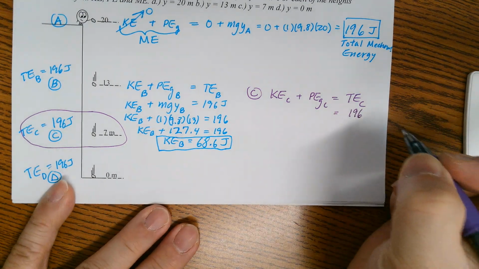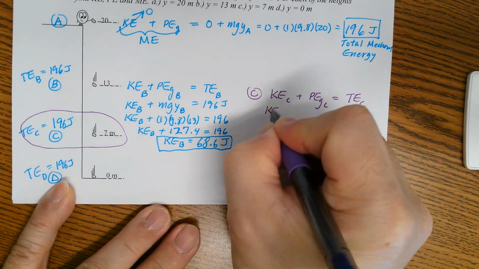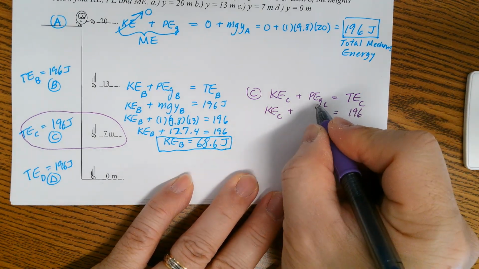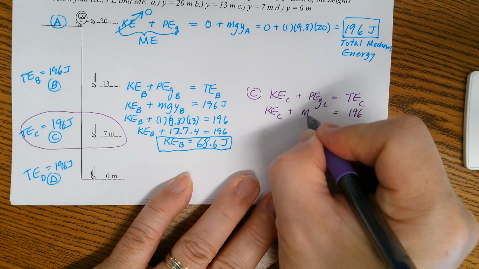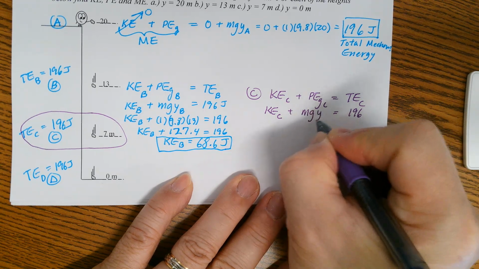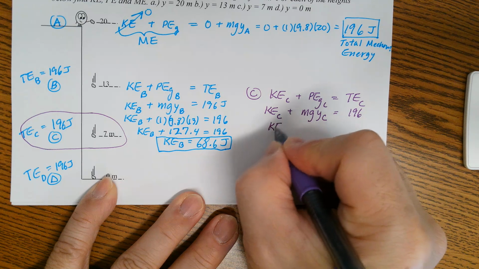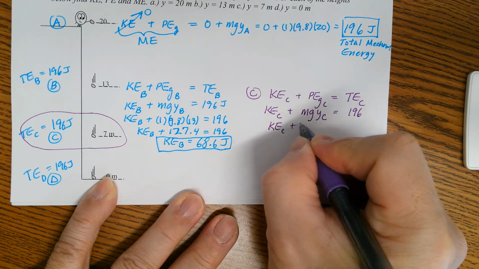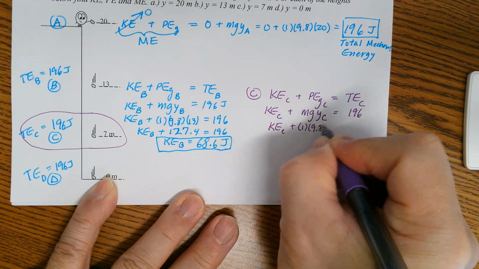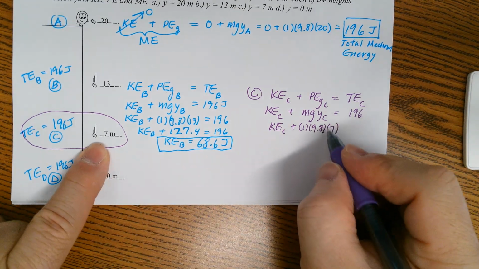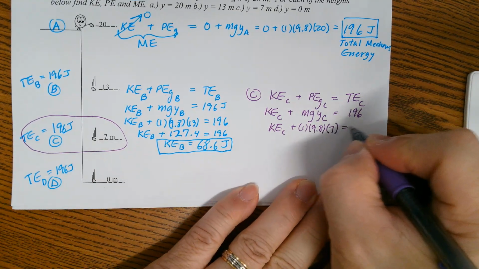That has to equal kinetic energy at C plus gravitational potential energy at C, which is mgyC. So kinetic energy at C plus 1 times 9.8 times 7, since yC is 7, is equal to 196.